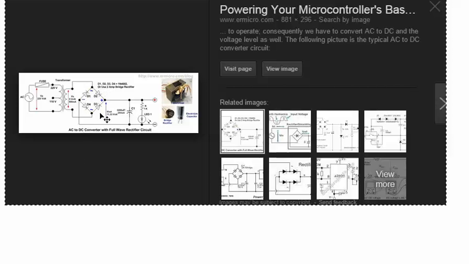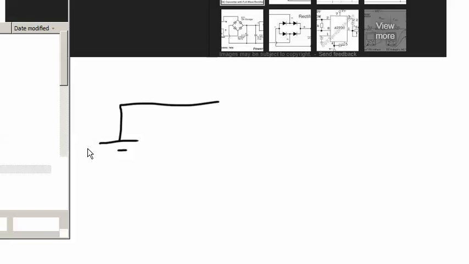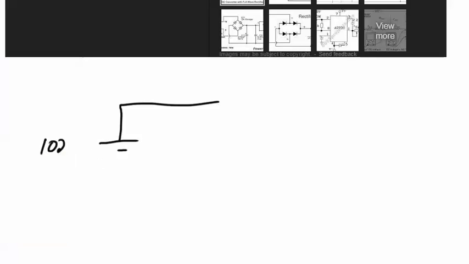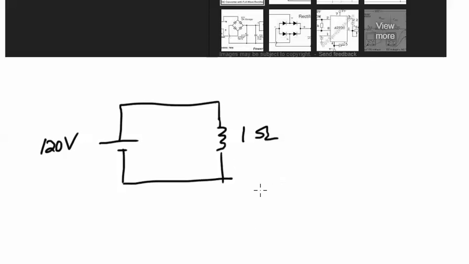Anyway, that 120 volts AC is generally converted somehow to basically what essentially looks like a 120 volt, well, we can think of it, whether it actually is this or not, as a 120 volt DC voltage supply. If I run that across a 1 ohm resistor, that is going to produce a current.